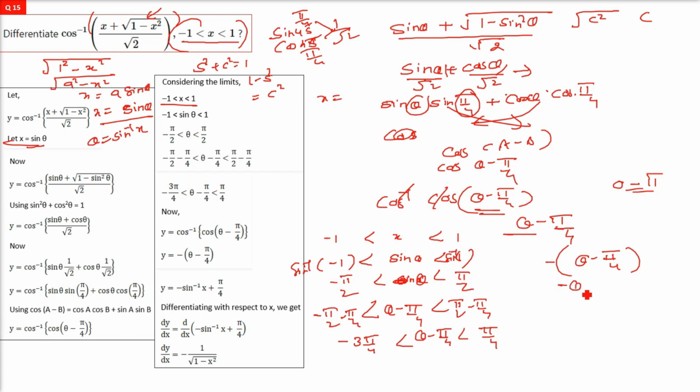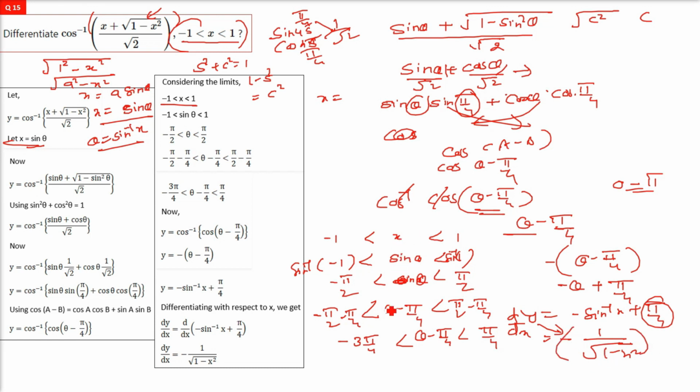No, it will be negative of theta minus pi by 4. So minus theta plus pi by 4. Theta is of course your sin inverse x plus pi by 4. So dy by dx is minus of the derivative of sin inverse x, which is 1 by under root 1 minus x square. Differentiation of pi by 4 is going to be 0. So this is how negative of 1 by under root 1 minus x square will come after taking care of all the limits and all the boundaries which is provided in this question.